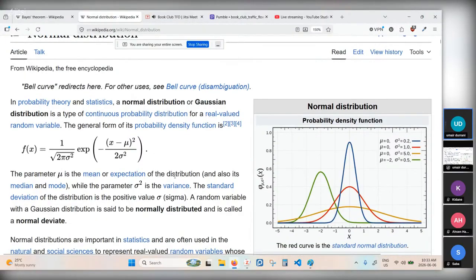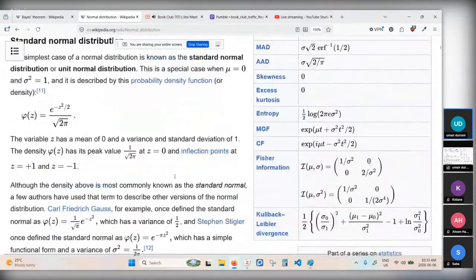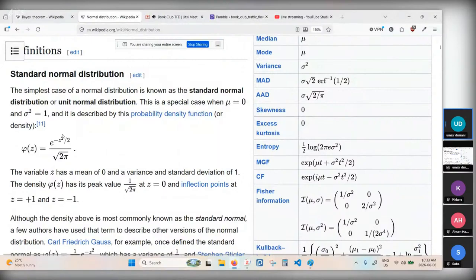But generally, this is standardized. When it is standardized, the formula that is used is this thing. We have an exponential of minus z squared over 2 divided by square root of 2 pi. So square root of 2 pi is just a constant. It is not important. What is important here is z squared over 2.